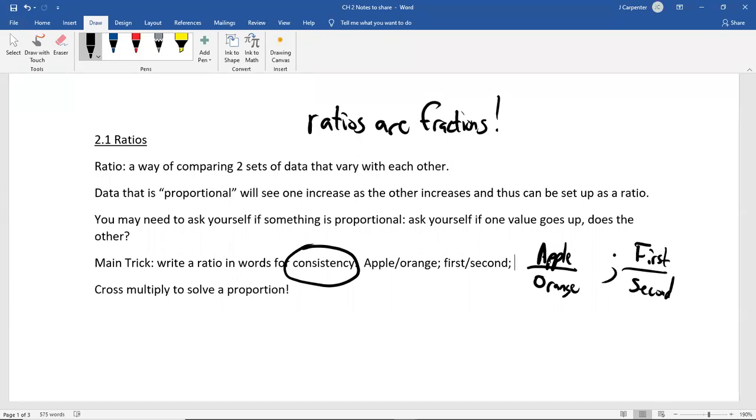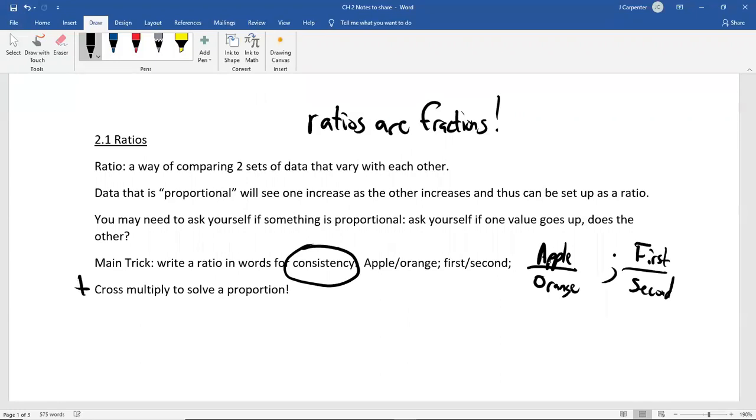It's a ratio equal to another ratio. It's the ratio of apples to oranges in the first scenario to apples and oranges in the second scenario. So again, a proportion for now is a fraction equal to a fraction where your units, words, ideas, concepts, items, whatever you want to call them, are consistently the same on the top and the same on the bottom.